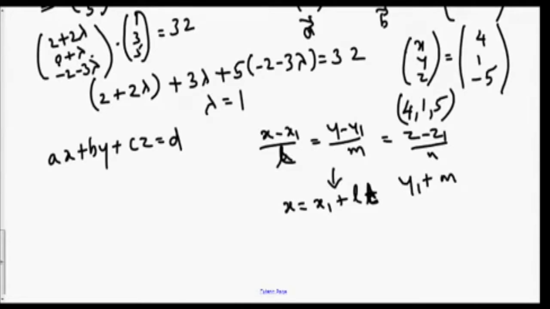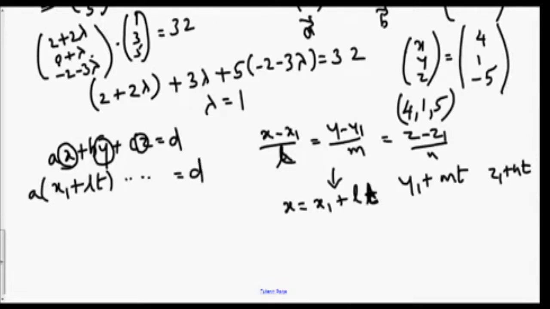Y1 plus mt for y, and z1 plus nt for z, and substitute the values for x, y, z from here. That means you'll have A times (x1 plus Lt), etc., equal to D, and you solve for t. Once you solve for t, substitute in each and you can find what is x, y, and z. So this is another way of finding the point of intersection of a plane and a line.